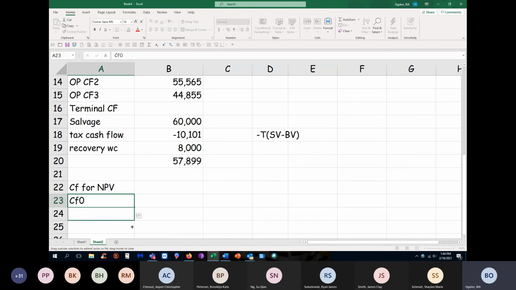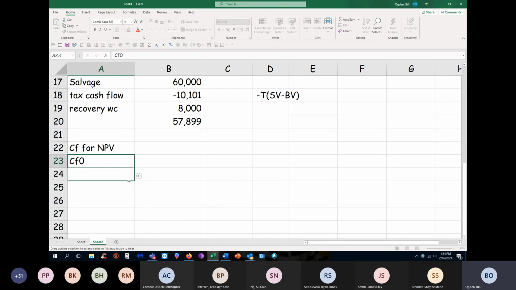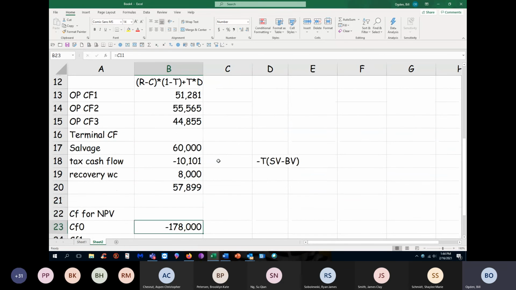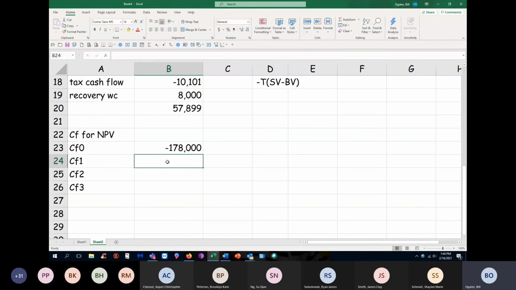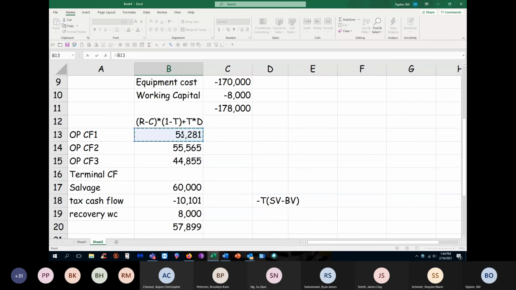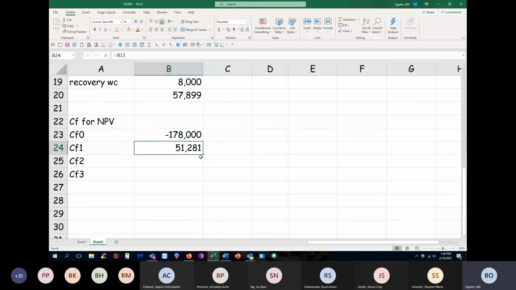So let's copy that down. So 0, 1, 2, 3. Cash flow 0, we have that above. Negative 178. Cash flows 1 and 2 are pretty straightforward. It's the 2 operating cash flows. And then cash flow 3, well, we'll have not only the operating, but we'll add to that the terminal cash flows.